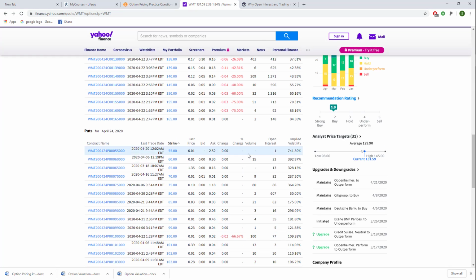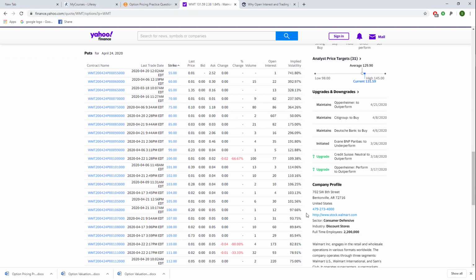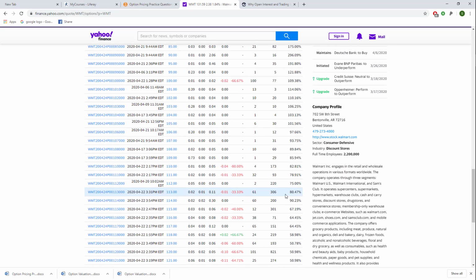So you can see for some of these, the implied volatility is incredibly high. That's as a result of the volatility in the stock market over the past month or so. That has caused the implied volatility to be very high. You might think back to the beginning of this lecture when I talked about an increase in volatility increasing the value of the option.